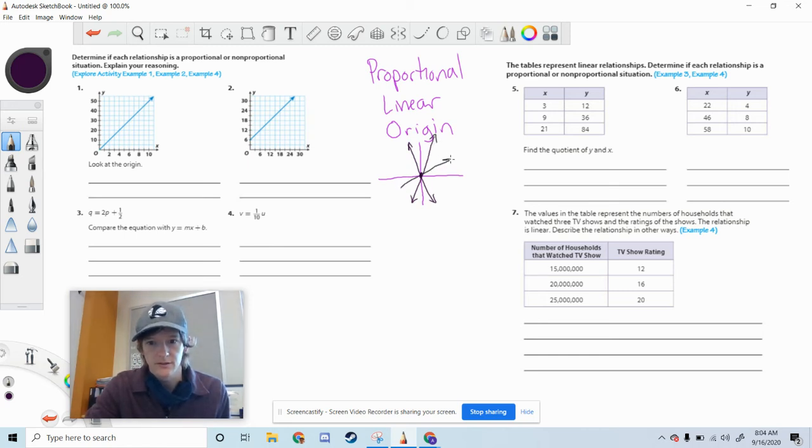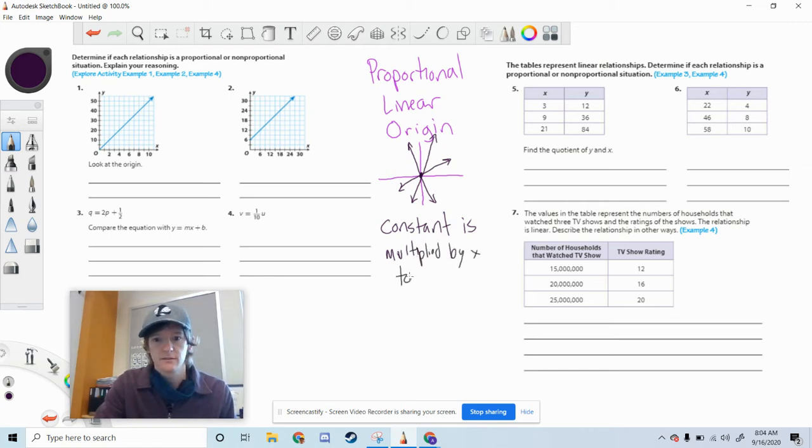Maybe one goes like this. They always go through the origin. They're always lines. They always have a constant that we multiply by x to get y.